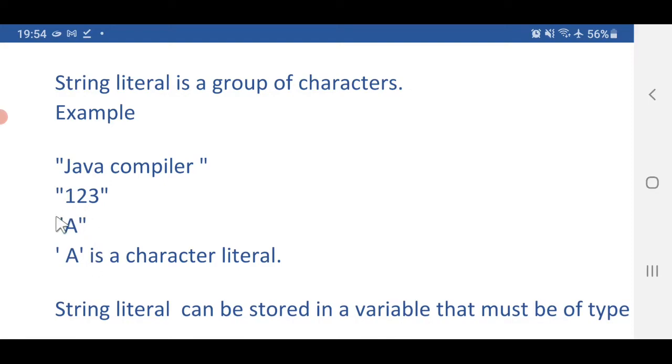Students, there was a question in board examination also earlier, that what is the difference between capital A in the double quotes and capital A in the single quotes. So its answer was that capital A in the double quotes is a string literal, and capital A in the single quote is the character literal. All right. So always remember these things.